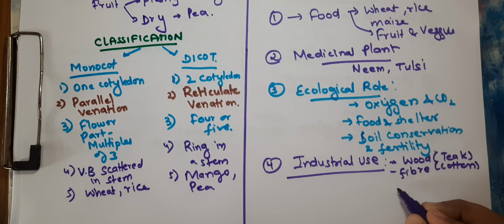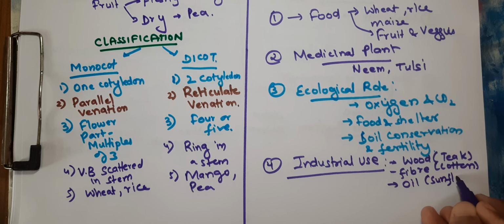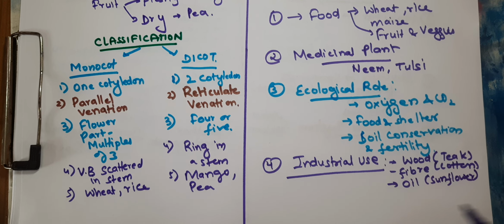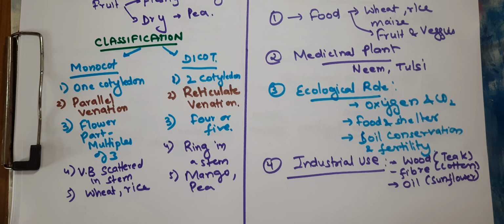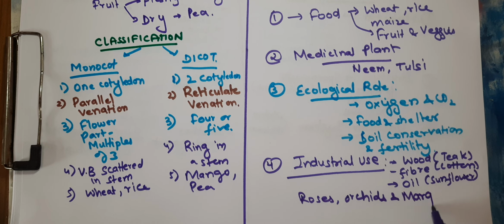Some species provide us oil, like sunflower oil and mustard oil also. Besides this, some plants have horticultural and ornamental value, like roses, orchids, and marigold. These are all examples of flowering plants, that is the angiosperms.